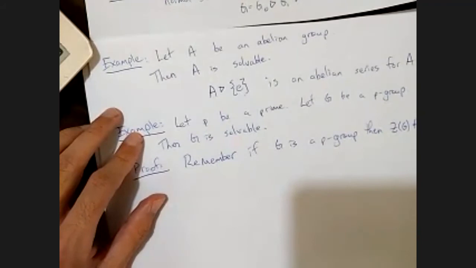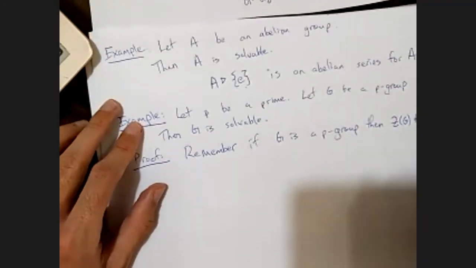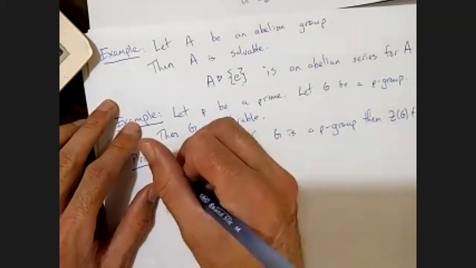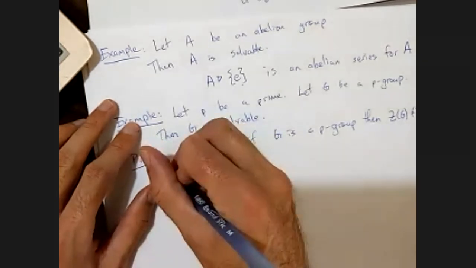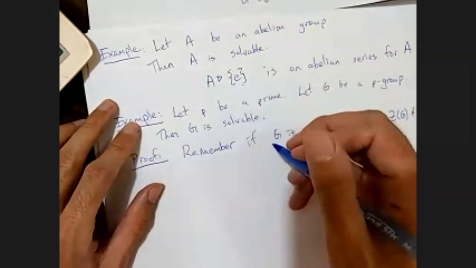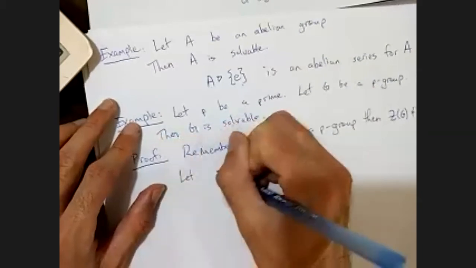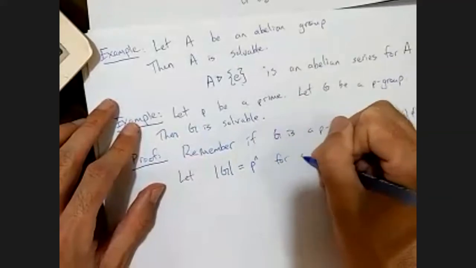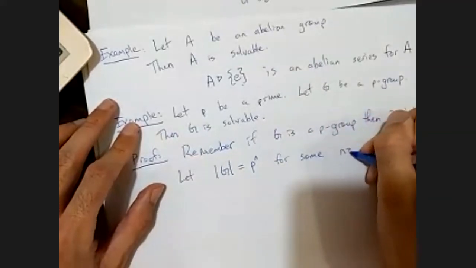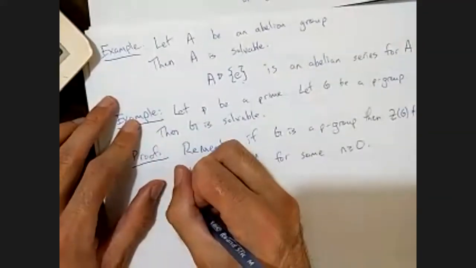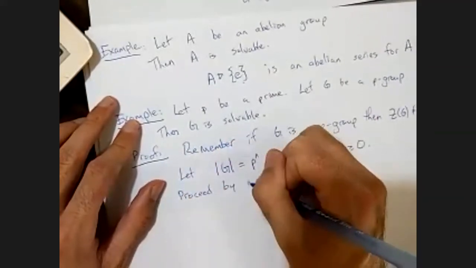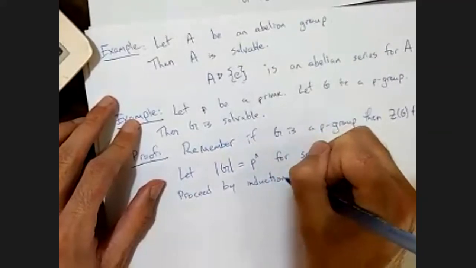With that in mind, our proof goes by induction on the order of G. Let the order of G be P to the N for some N greater than or equal to 0. And then we proceed by induction on N, the exponent.